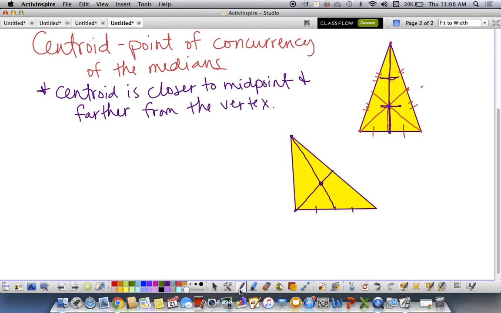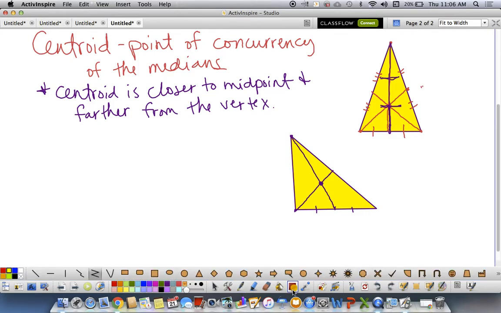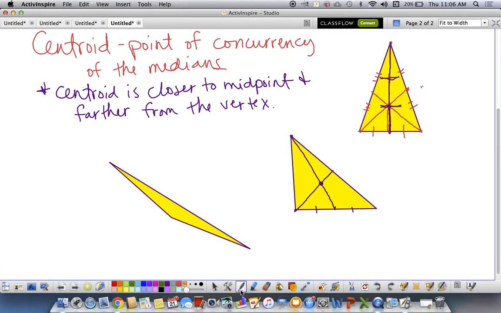Is the centroid still 2/3 of the way? Is it still inside the triangle? What if I draw an obtuse triangle? Whoa, that's really obtuse. Didn't quite mean to make it that obtuse. Can I still draw vertex to the midpoint of the opposite side? It makes it a little harder. We're going to pretend that that's the midpoint, so we're going from here.